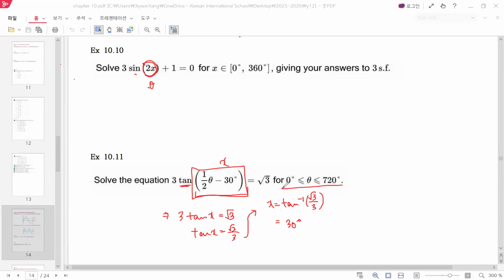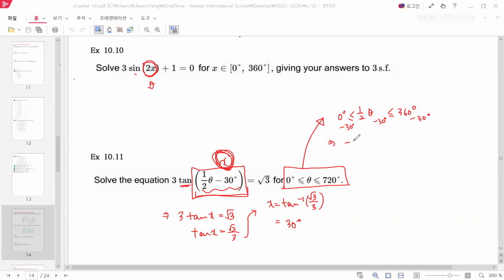Let's see, the range of theta is defined from 0 to 720. To find the range of x, let's make this one. So firstly, 1 over 2 theta, then it's going to be 0 and 360. Secondly, minus 30, minus 30, minus 30.